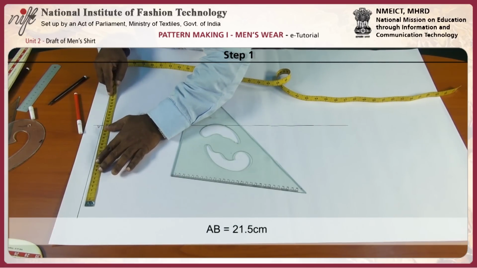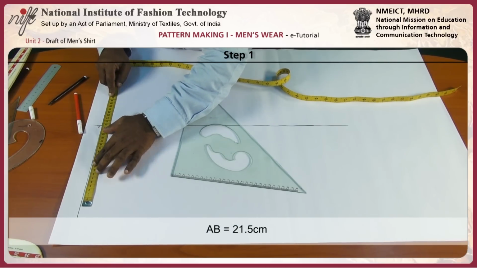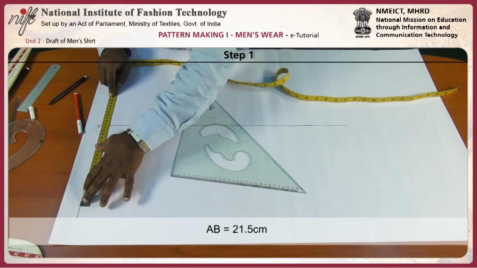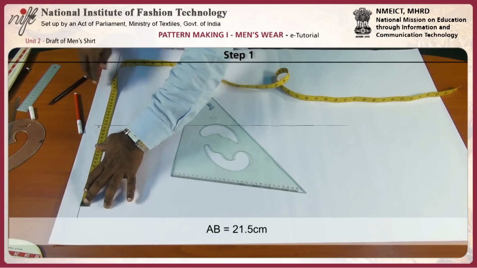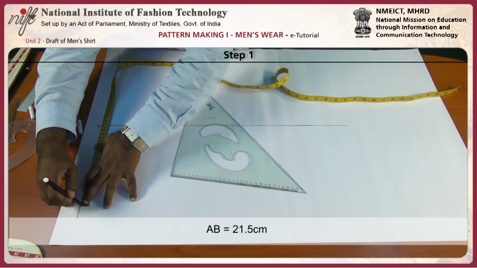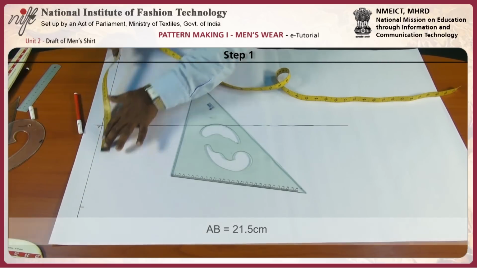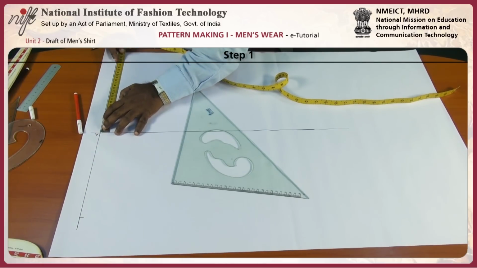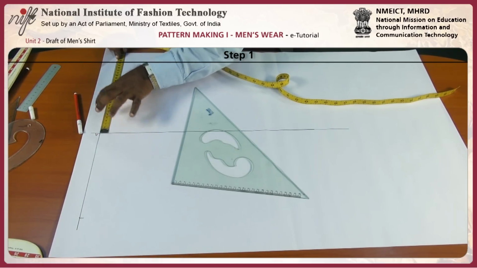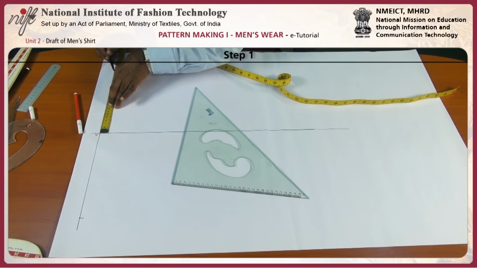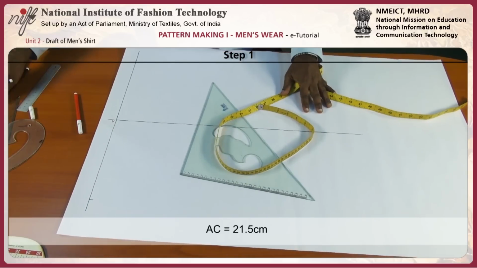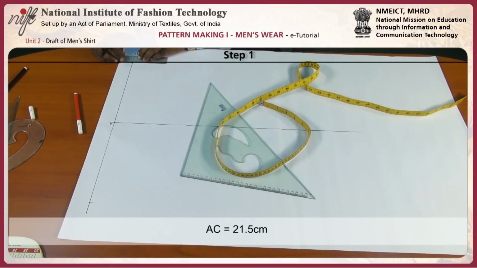A to B will be 21.5 centimeter, which we received from the formula of total armhole. Can be given clear cross mark.